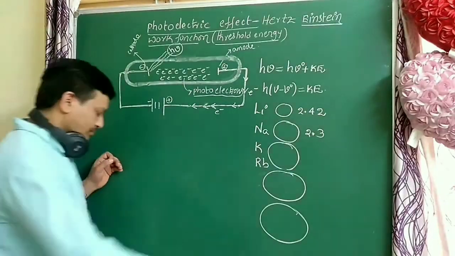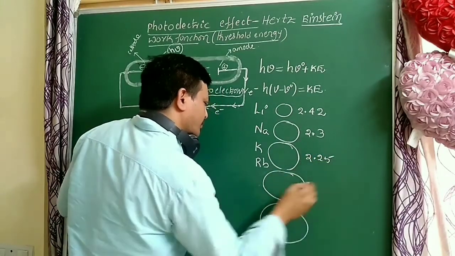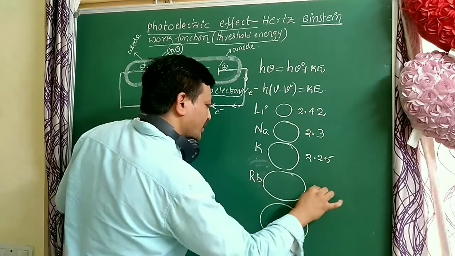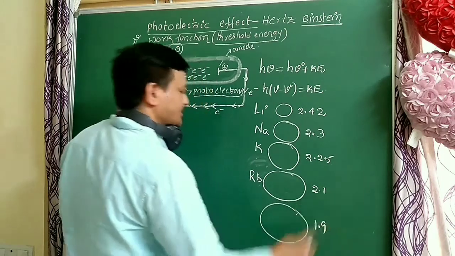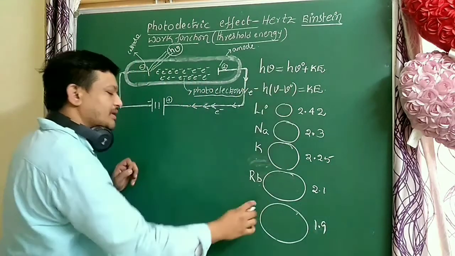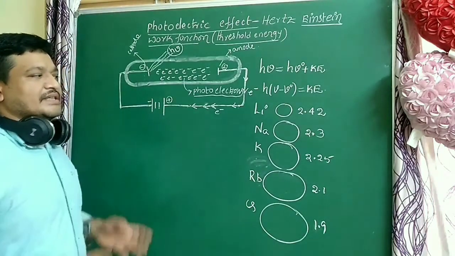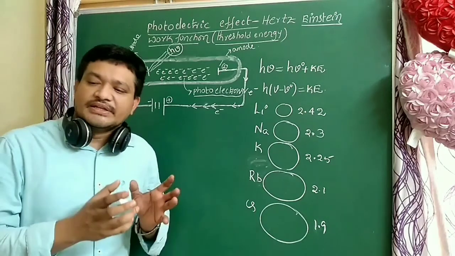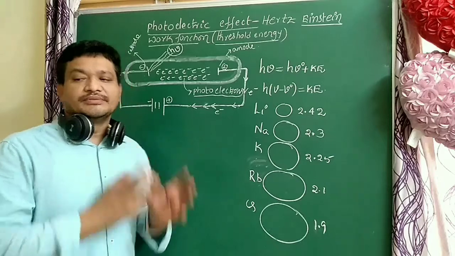Potassium 2.25, and rubidium 2.1, like that, down to about 1.9. So from top to bottom threshold energy decreases. Why? Because size increases, so threshold energy decreases. That is a very, very important concept.